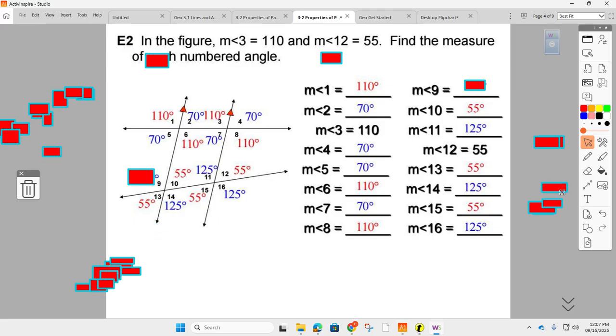And we're down to number 9, or angle 9. What's the measure of angle 9, Miles? Got to be 55 or 125, right, buddy? What's the measure of the angle? What number are we going to put there?